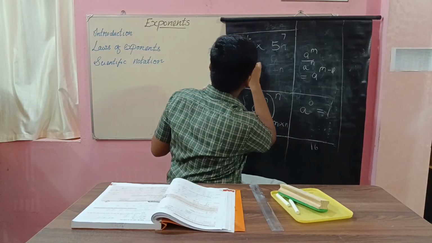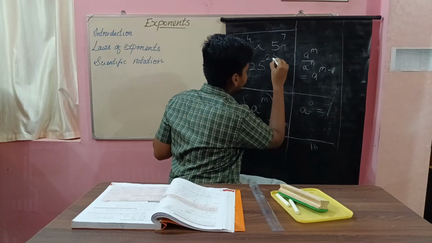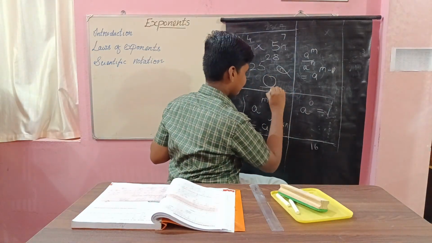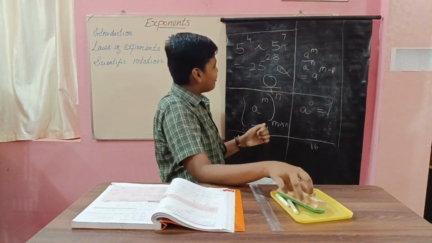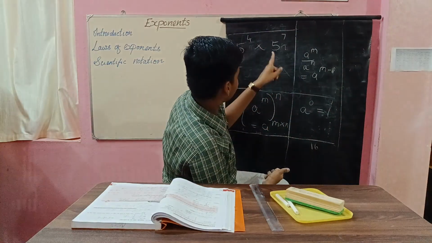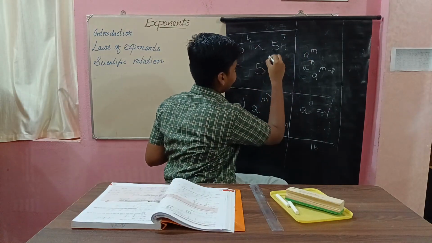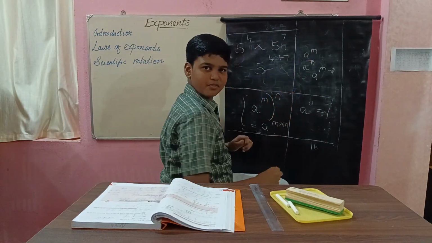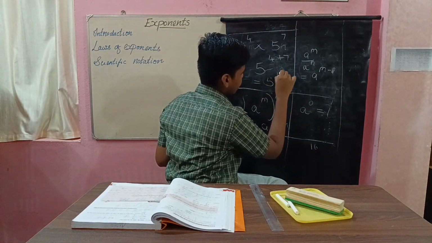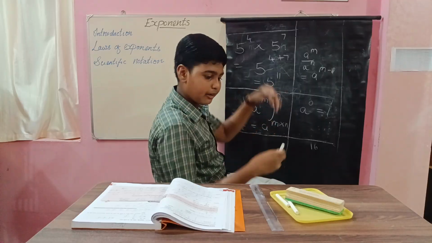Some people will do like this, 5 to the power of 28, and the examiner will mark it wrong. Okay? So the mistake I made here is, do not multiply these exponents. Do a simple process. 5 to the power of 4 plus 7. Easy. Which is equal to 5 to the power of 11. This is the answer.